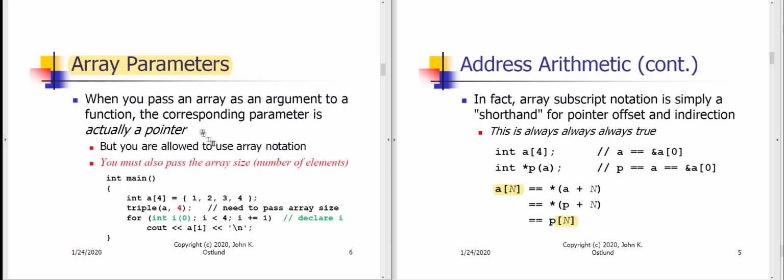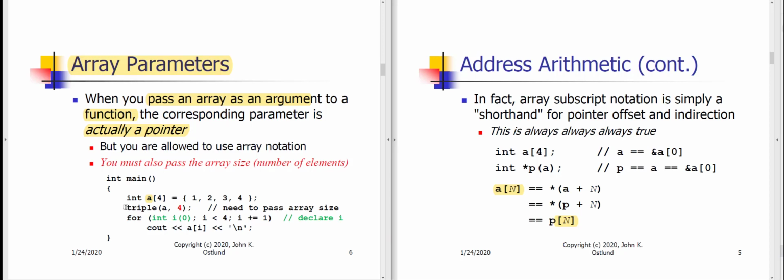When you pass an array as an argument into a function, what you're really passing is a pointer to an element of the array. Generally, that's a pointer to the initial element of the array. Here I have this program in which I have A declared as an array of 4 ints, and those ints have been initialized with values 1, 2, 3, and 4.